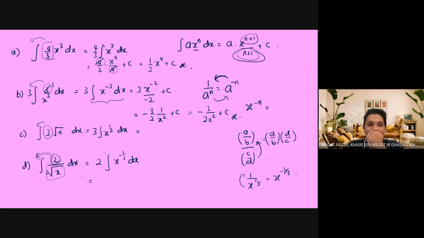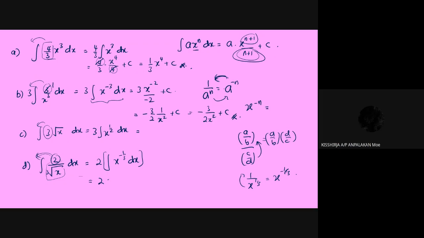So let's integrate this. Negative 1 over 3 plus 1 gives 2 over 3.